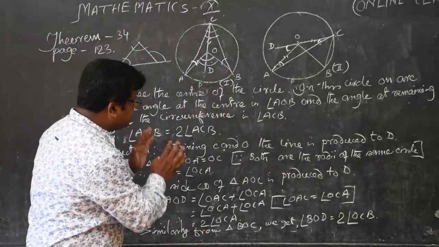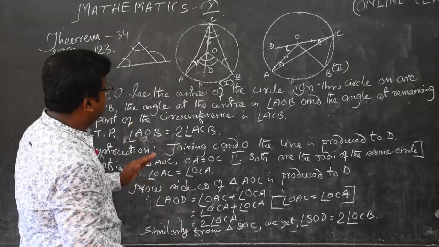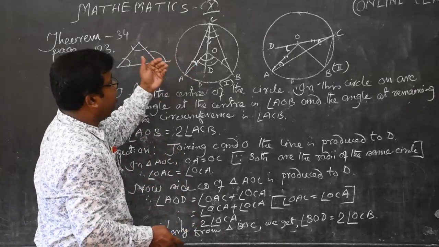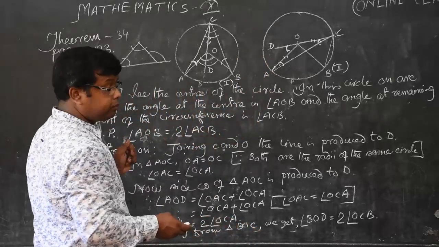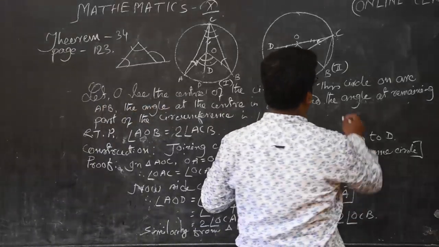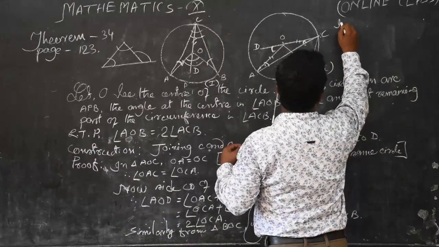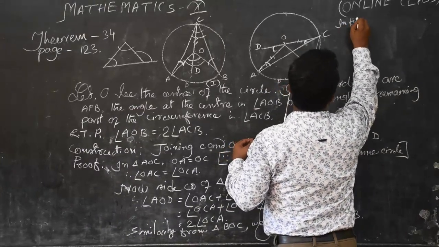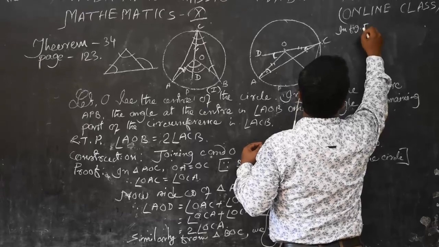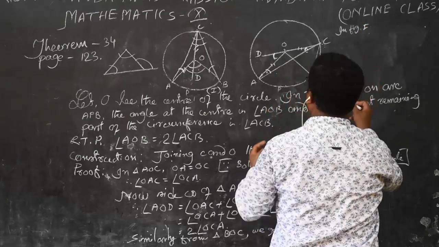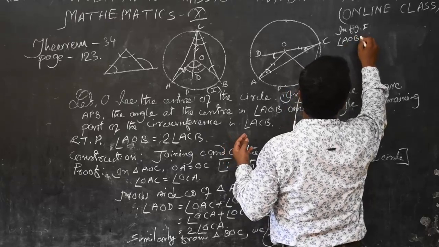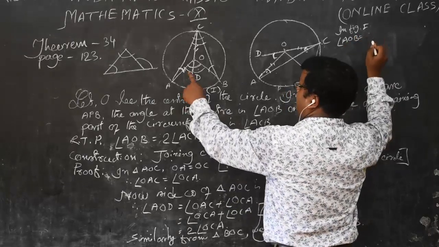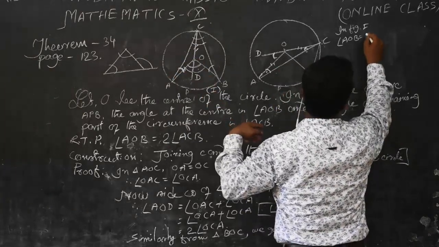Now after this part, you have to write figure number 1 and figure number 2 separately. Now I am writing figure number 1. In figure 1, angle AOB equals angle AOD plus angle BOD.